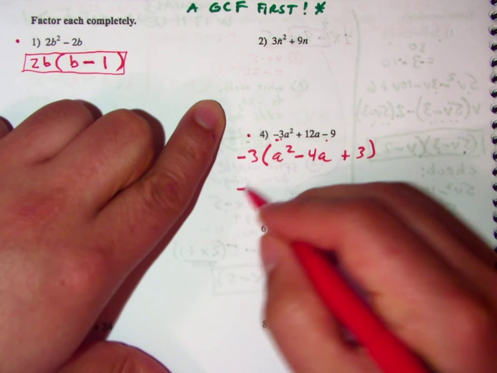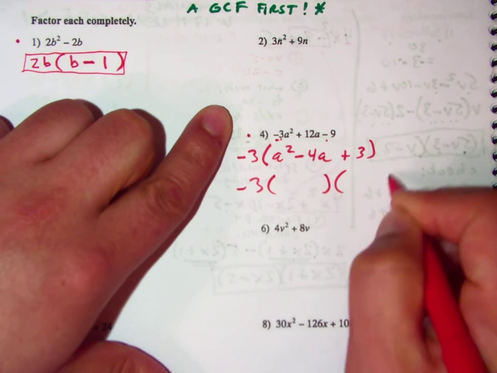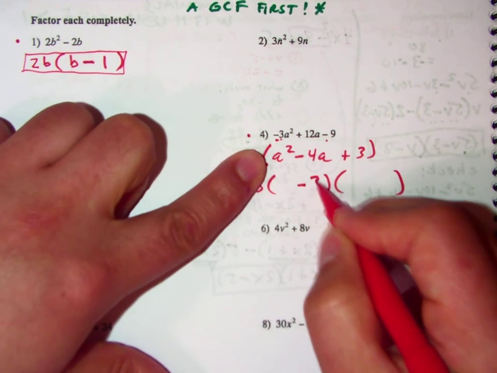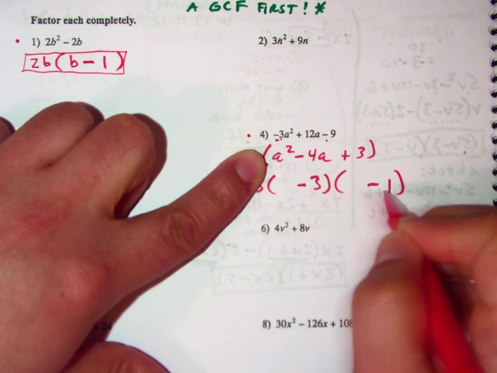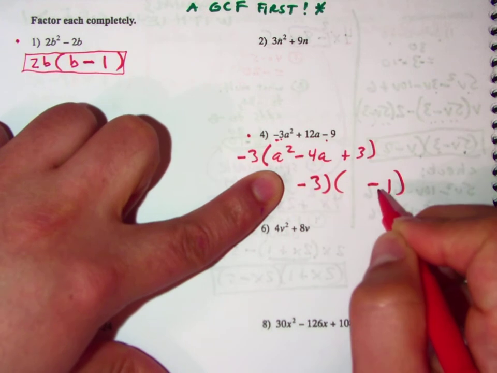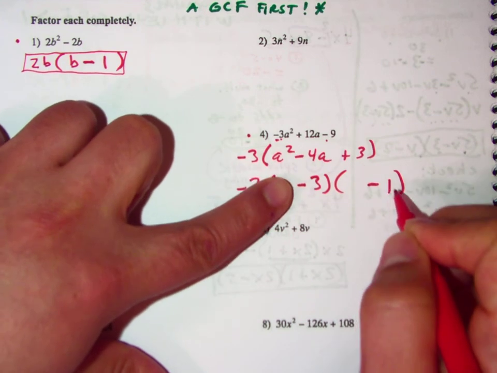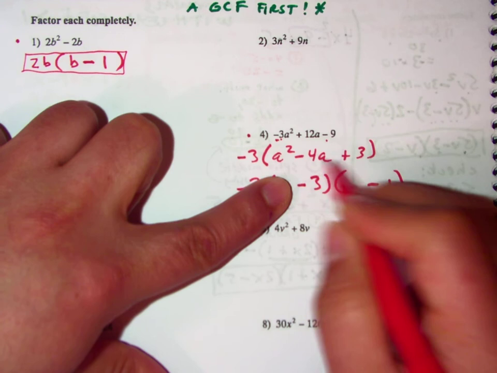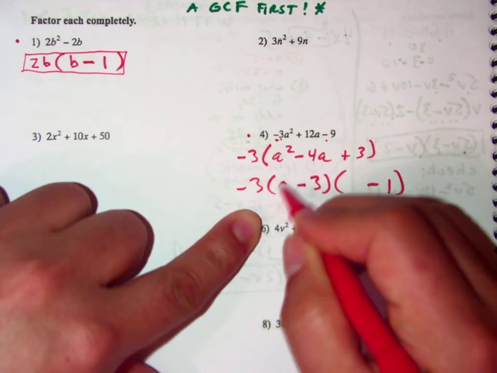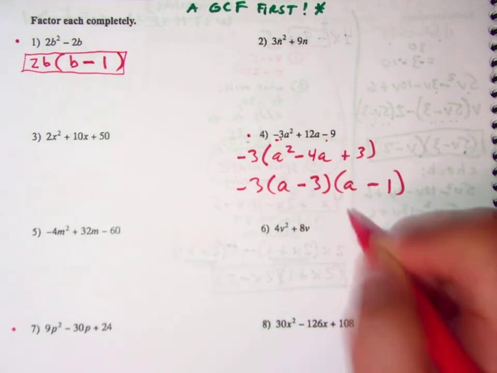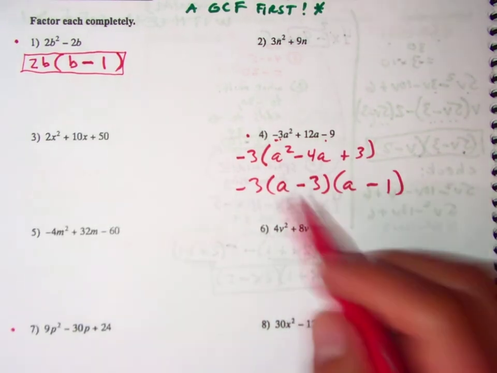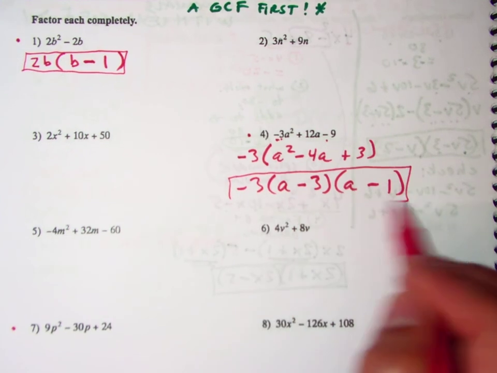Well, that's just going to be negative 3 and negative 1, right? Negative 3 times negative 1 is positive 3, and negative 3 plus negative 1 is negative 4, and remember that these are both going to be a. Okay, and so there's our answer for number 4.